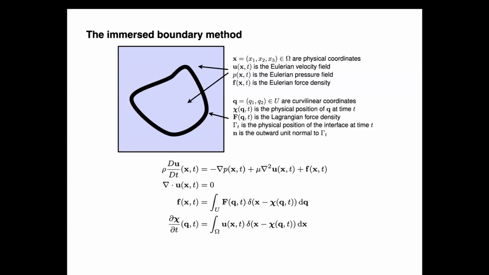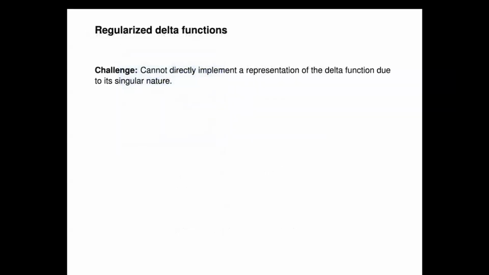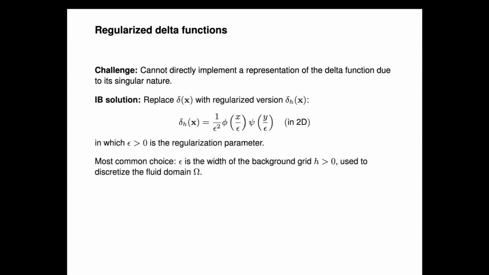We have this singular delta function. Here, even though I've drawn it as a thick thing, think about the boundary case. So you've got a singular force that's distributed along this interface. And you can't directly implement a delta function on a grid. So in the immersed boundary method, the solution is to replace the singular delta function with a regularized delta function.